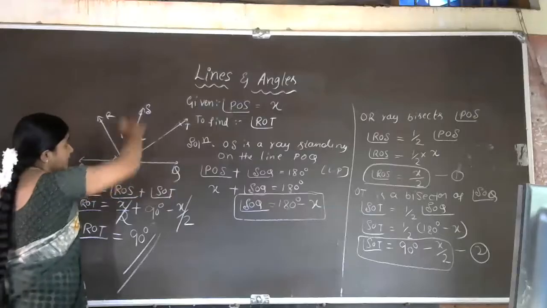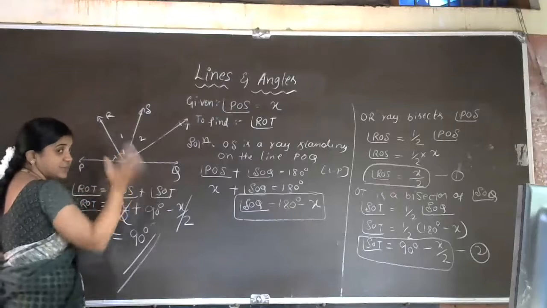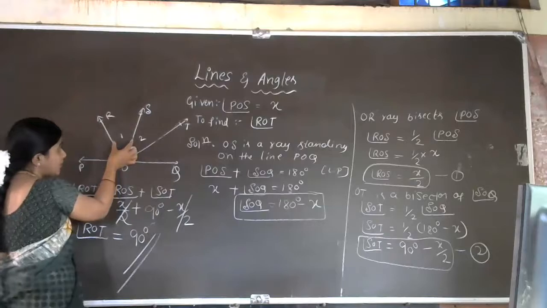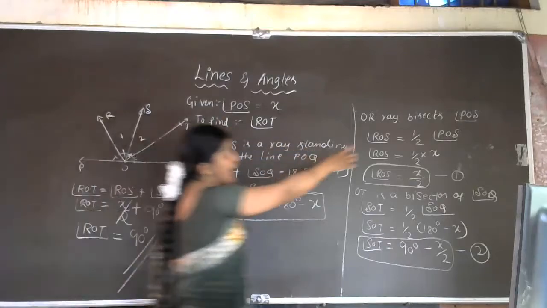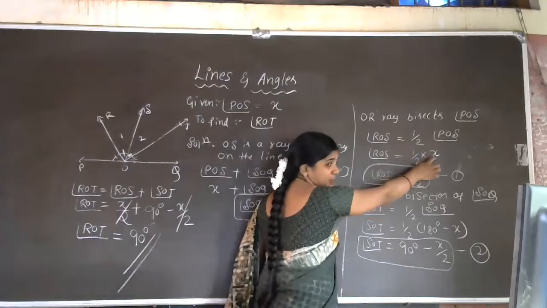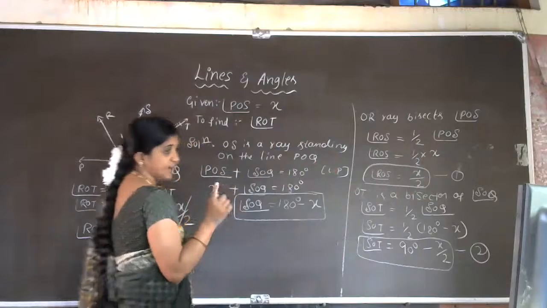Next, OR is the angle bisector of POS. Bisector means which divides the angle into half. So ROS is equal to half of POS, and POS is mentioned in the problem as x. So ROS is x by 2.